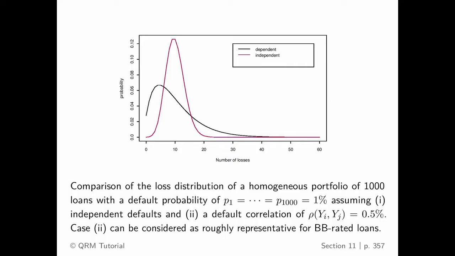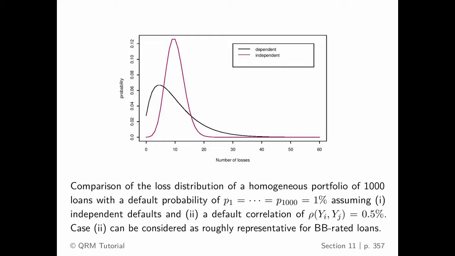And why is this important? Well, if you only retain one idea from this chapter, it should be the idea behind this picture here. And so this is a fictitious situation. We have a portfolio of 1,000 credit risks, and you can think of them as loans, all for the same amount. And we will assume that the default probabilities are all the same.